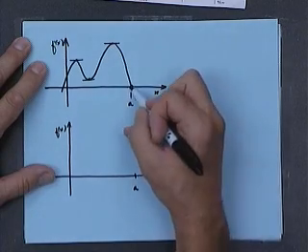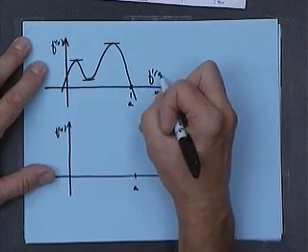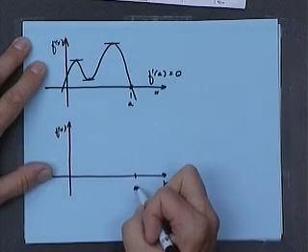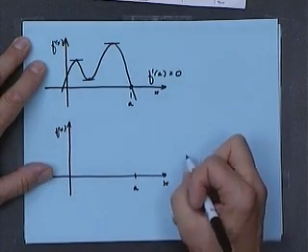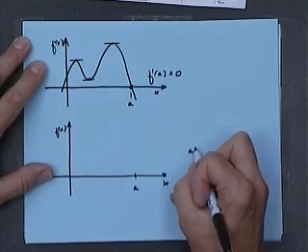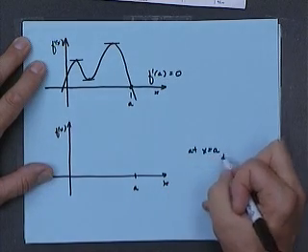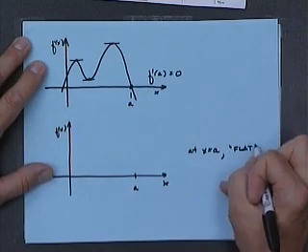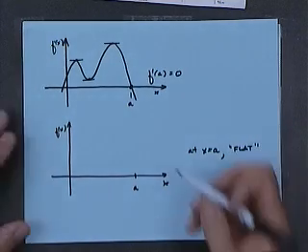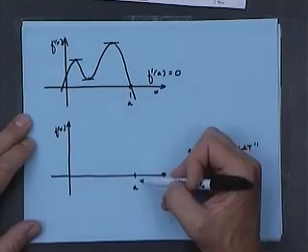Right? The derivative at A is 0. So if we go back from the derivative to the original function, at x equals A, we are flat, right? 0 here means flat here.